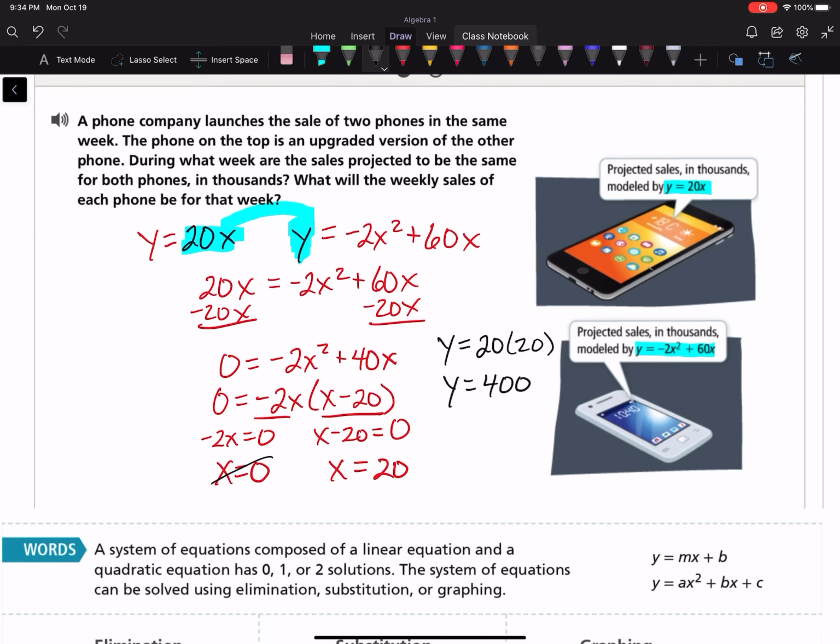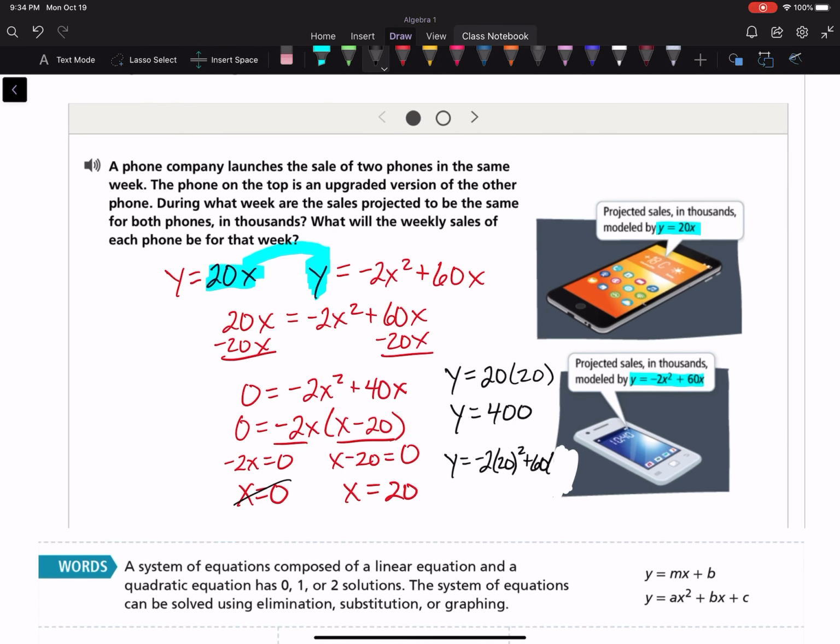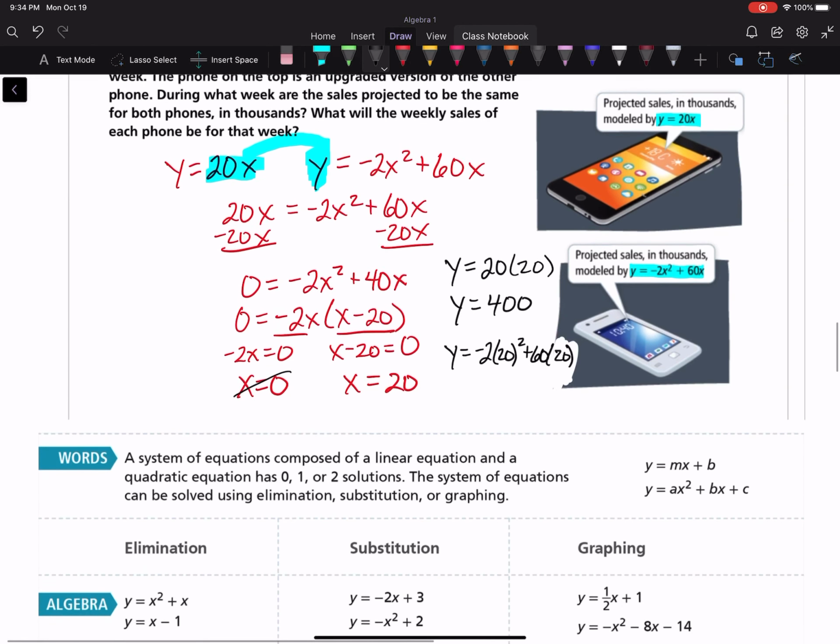And if we plugged into the other one, y equals negative 2 times 20 squared plus 60 times 20. Let me change color. Erase some of this so I can finish it. So 60 times 20, and if you put that in your phone, you will also get 400.